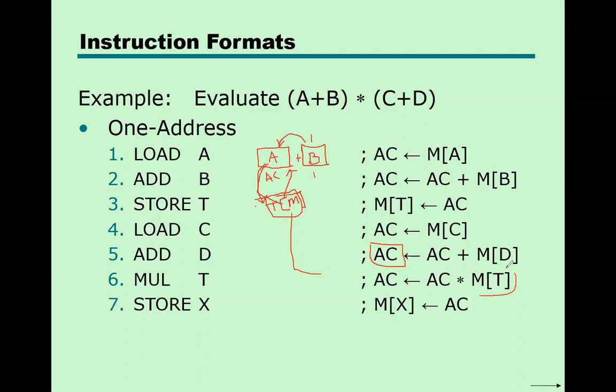So memory location T with the accumulator, and that multiplication result will be stored into the accumulator, and this accumulator result will move into the memory location X. In this way, even though we have only one address, we can still evaluate the same equation.